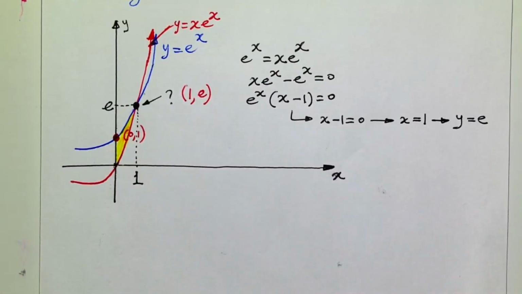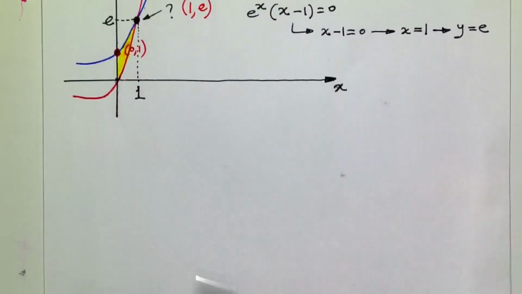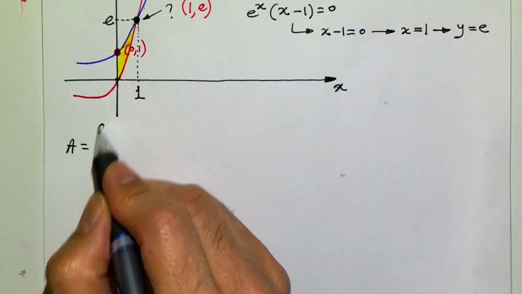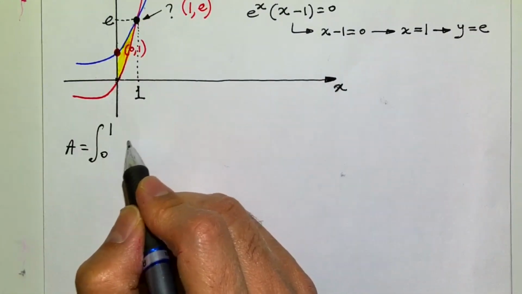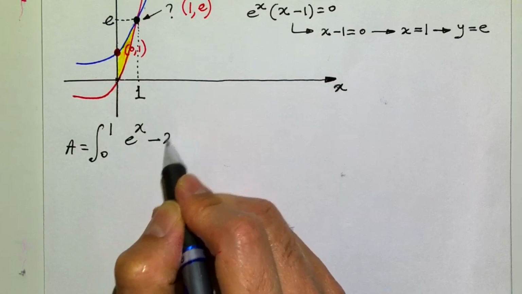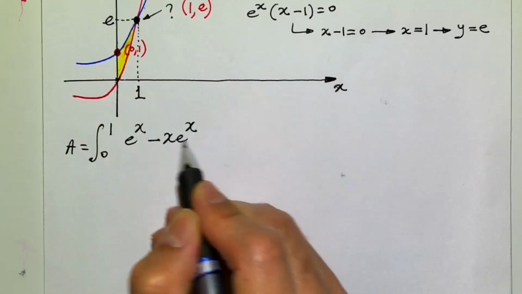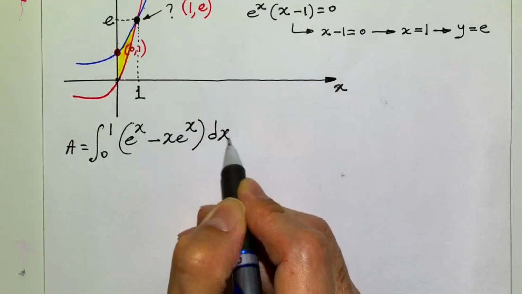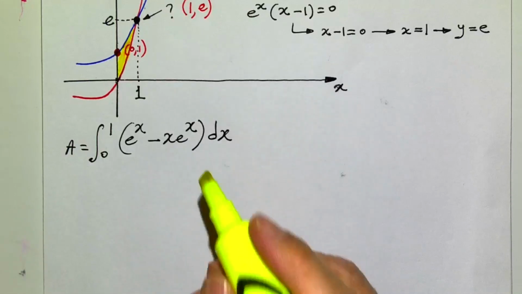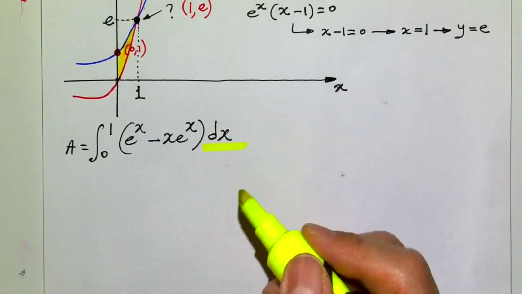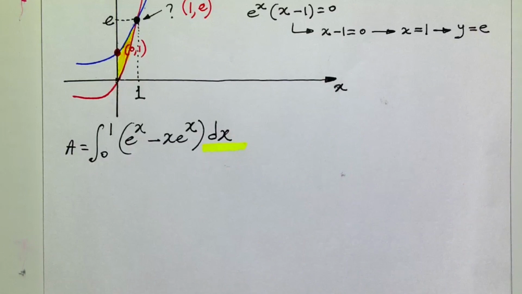So let's do that. The area is the integral from 0 to 1 of e to the x minus x e to the x, and of course this is dx, integrating with respect to x.